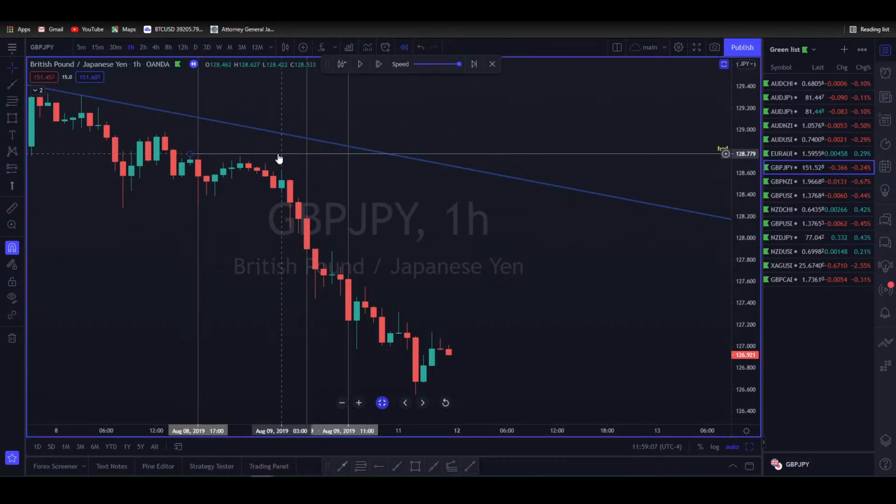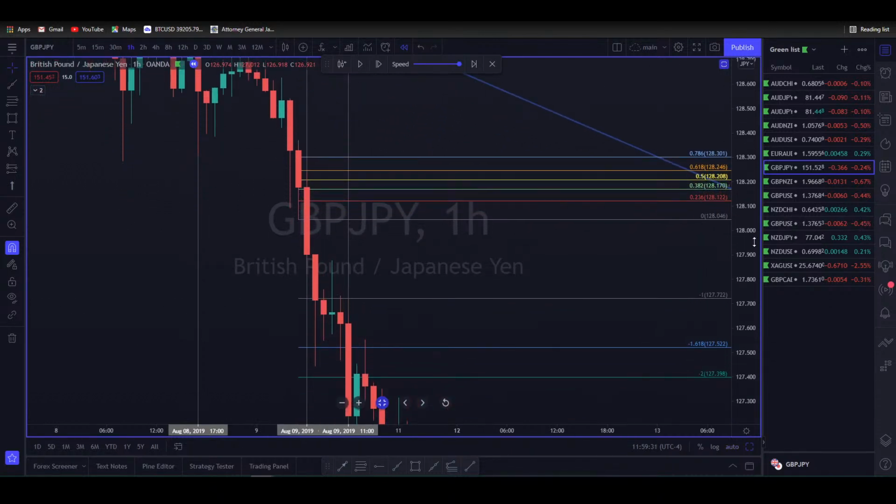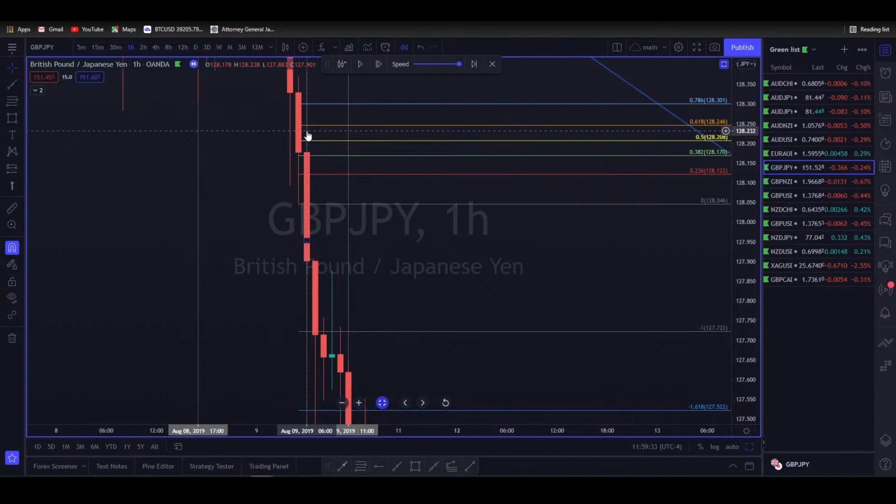Let's measure the midpoint. Obviously, we're doing it in hindsight, but I can do this stuff while the chart's going on in intraday. And over time, you guys will be able to do the same thing. So this is that candle right there. This is basically one of the main things I use my fib for, is to find that. So if we scroll up, you can see that there's your midpoint.